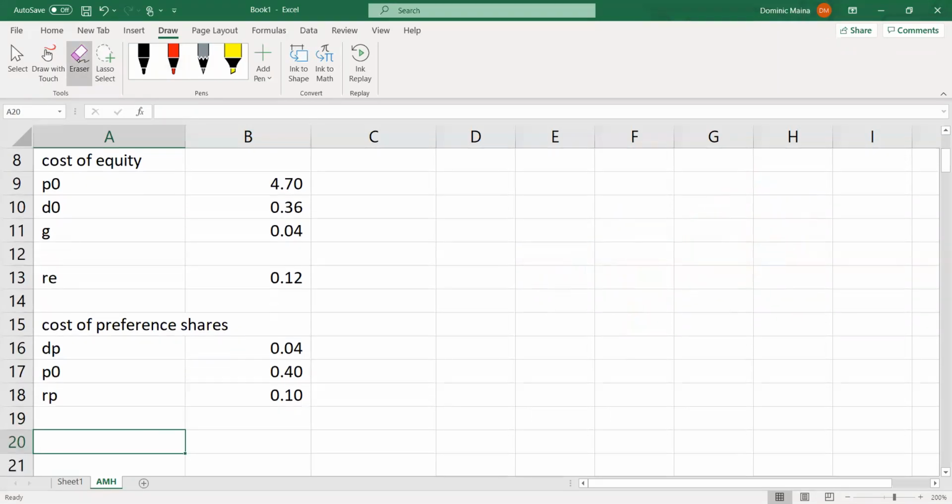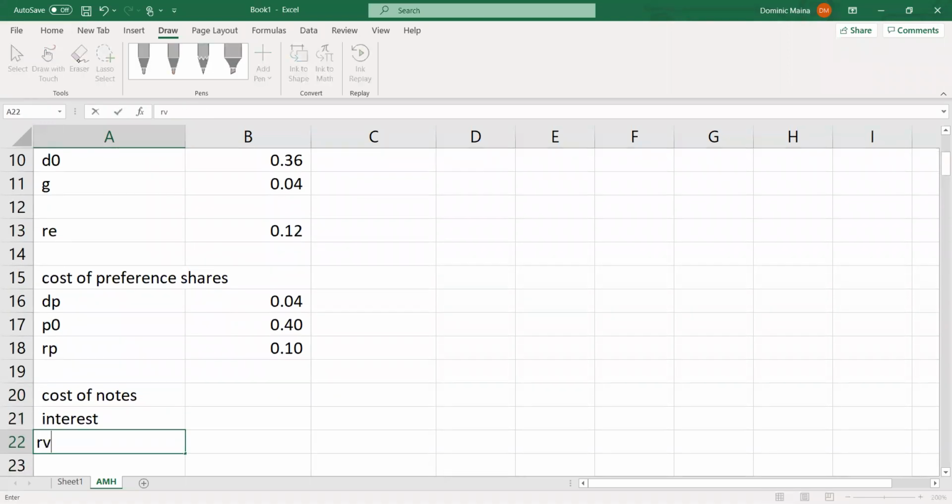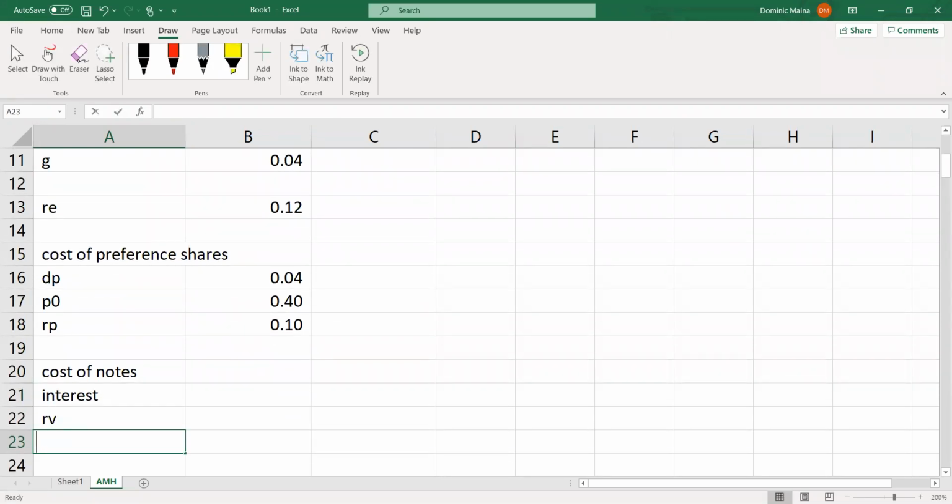Next, we can do the cost of notes. The first working is to get the interest, the redemption value, and the P naught. Those are the things we need here. Therefore, we need to get the interest from the note.